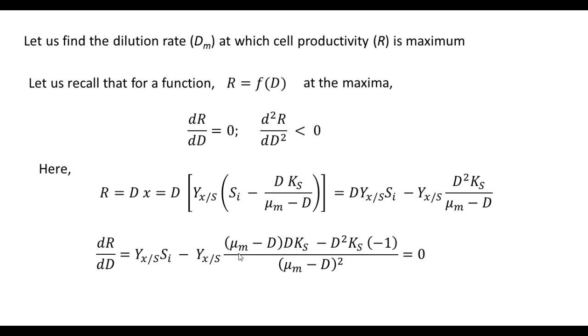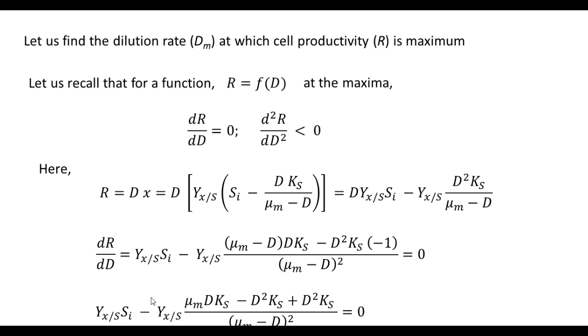So the denominator is mu m minus D, the derivative of D squared Ks is 2D Ks, and then minus the numerator, D squared Ks, times the denominator derivative, which is just minus 1 here, divided by the denominator squared, mu m minus D squared, that equals 0.